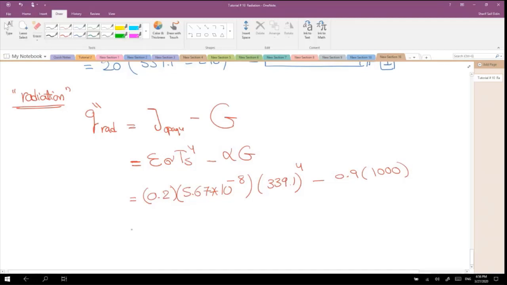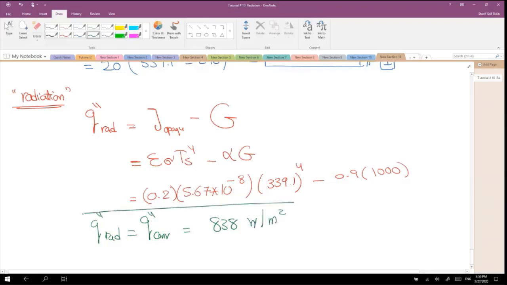At the end you're going to find that Q double dash radiation is equal to Q double dash convection. Double check that both numbers are the same, and this is happening because of the definition of the radiation.